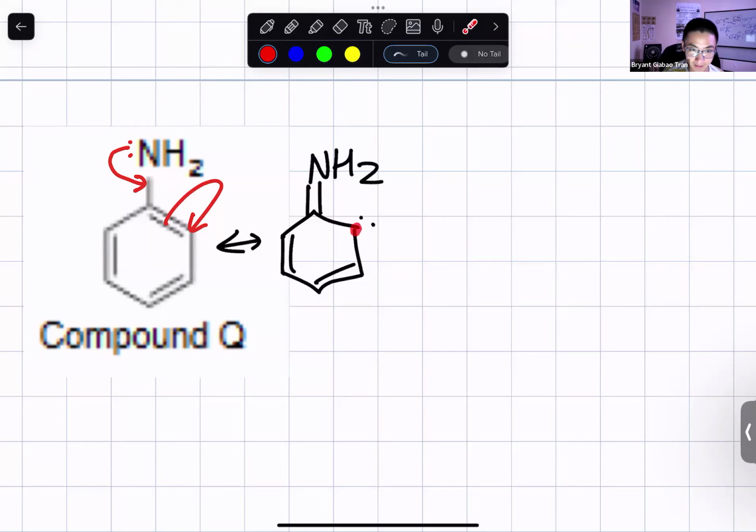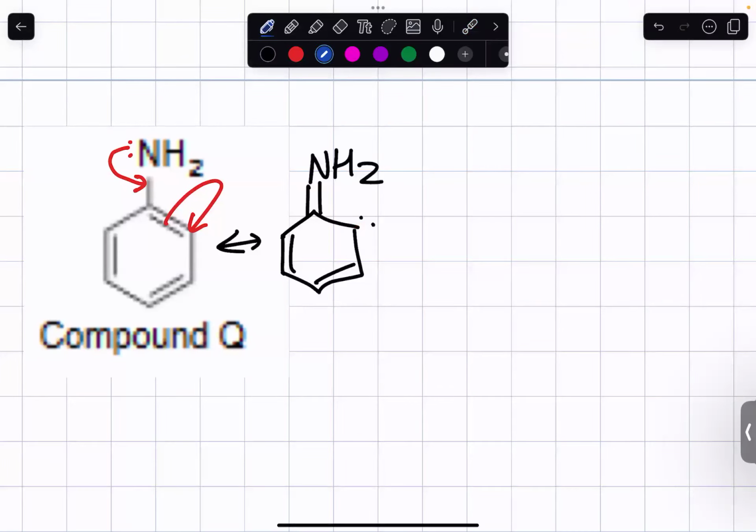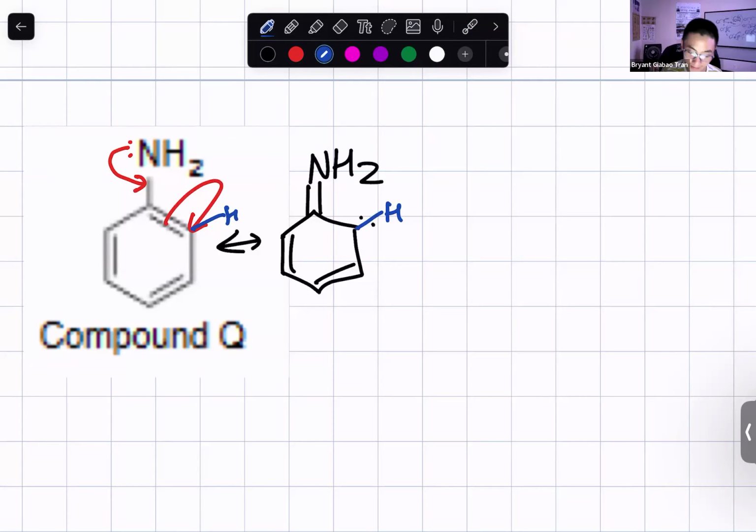And how many? Look at the original structure. How many invisible hydrogens are in the original structure? Oh, there's one. Yep, there's one right there. So now what would be the formal charge? Oh, negative one? Yep, negative one. So I'm going to erase that invisible bond and draw that negative charge right there.